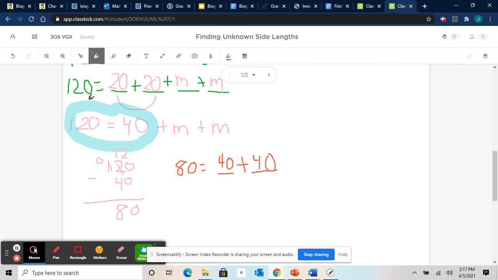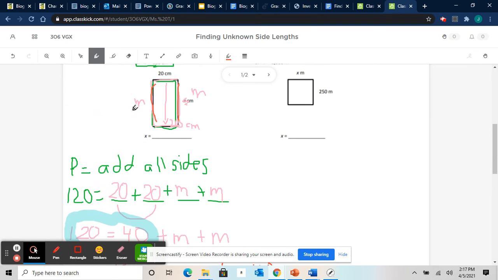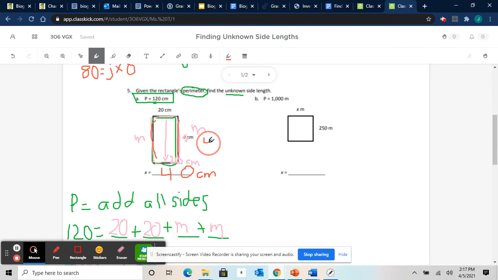Or you might have said, well, 80 divided into 2 equal pieces would give me 40 because I know that they have to be the same. So now I have my missing length. Therefore, M or X equals 40 centimeters. And then I'm just going to fill it in over here. 40 centimeters, 40 centimeters.